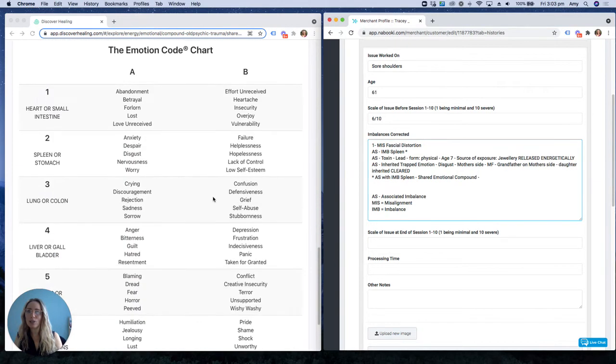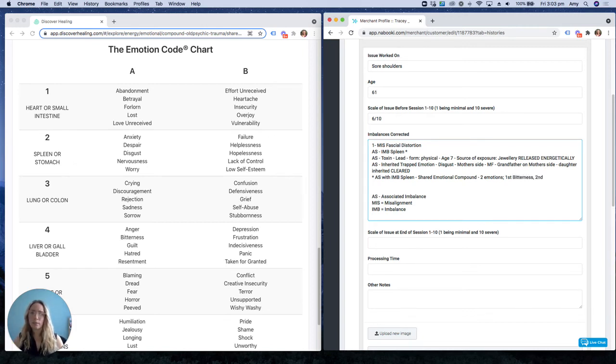So I'm going to come down to my emotion code chart. So there's two emotions in this compound. Oh, bitterness and shock. Now we find out what age this occurred and who she shared it with.